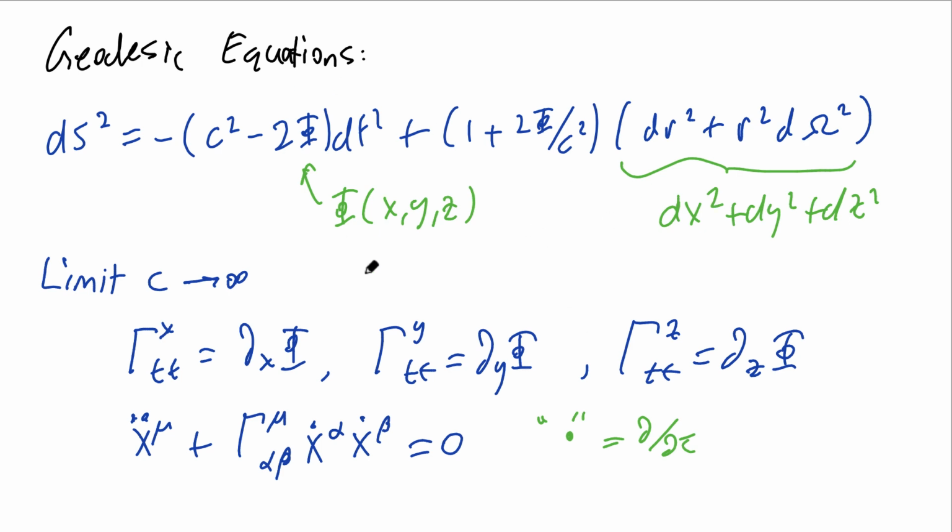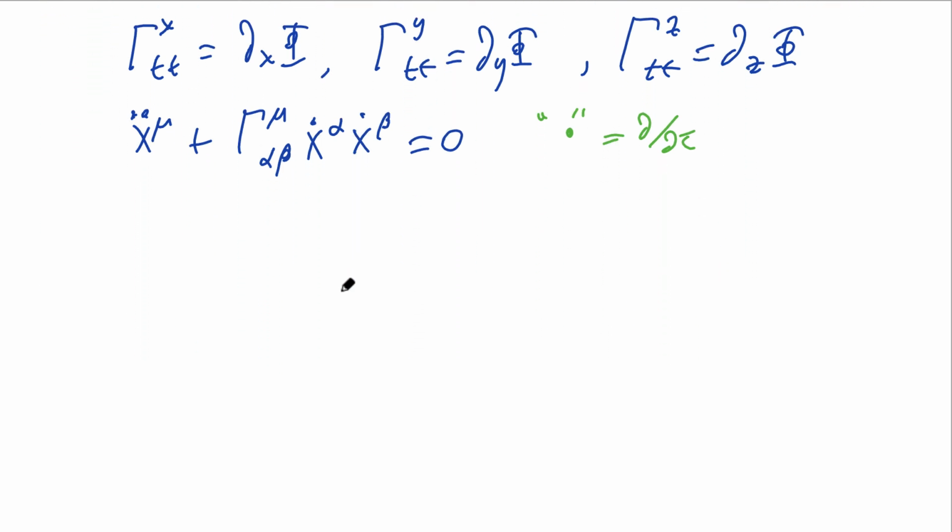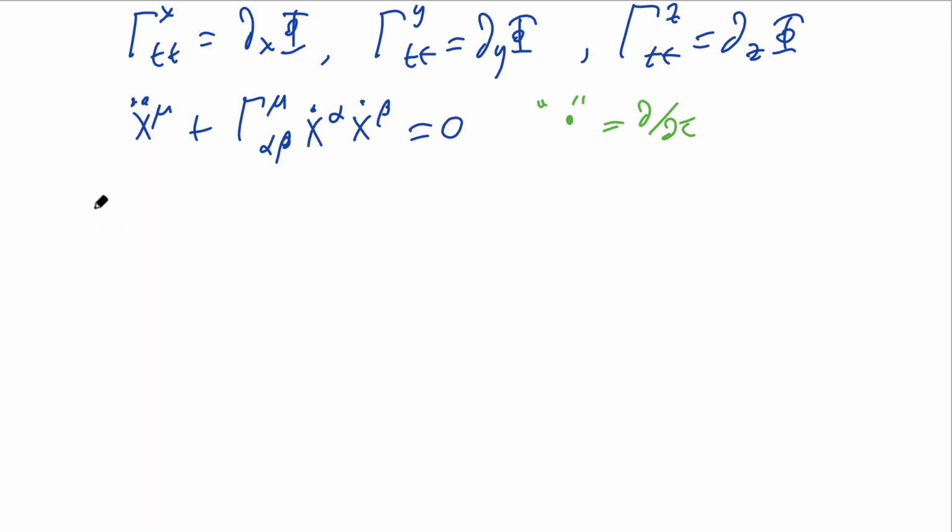So for this metric in these coordinates, we obtain the following. We have the t component is t double dot plus gamma upper t alpha beta, but notice none of the Christoffel symbols with an upper index t are non-zero, so this is just t double dot equals 0. And for the x, y, and z components, we have x double dot plus gamma upper x lower tt is the only non-zero component.